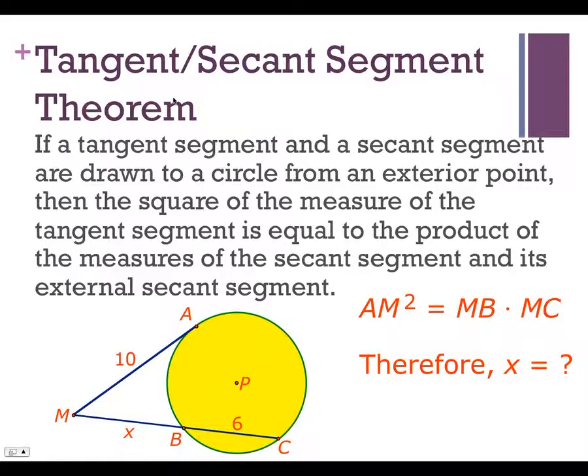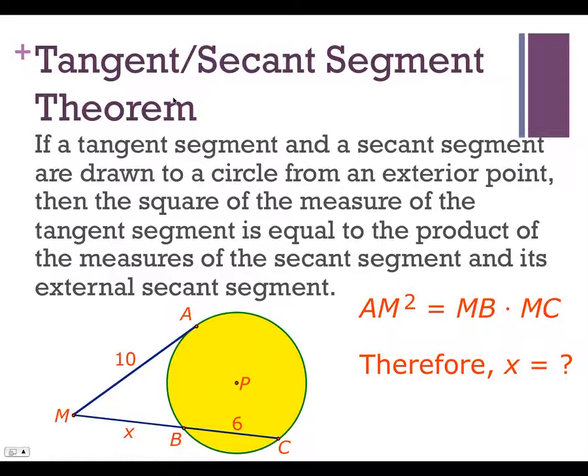Grace? 10 squared equals 6 times 6 plus x. Nope. Parentheses. It'd be 10 squared, 100. Nate, you want to fix your mistake? 10 squared equals x times 6 plus x. Beautiful. X times the quantity x plus 6.